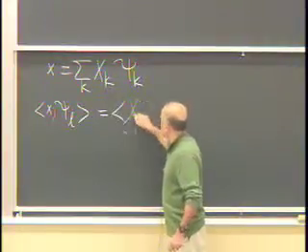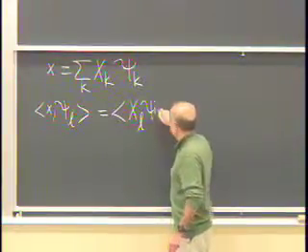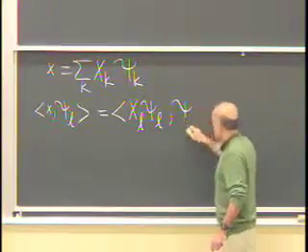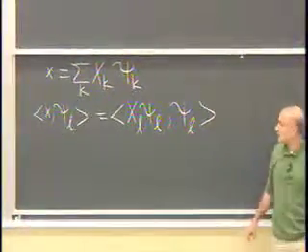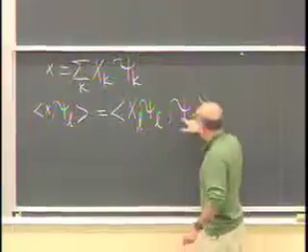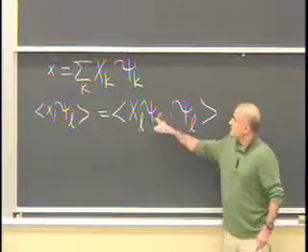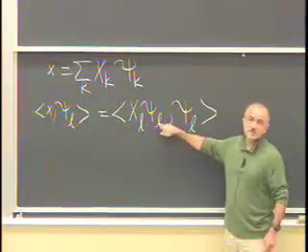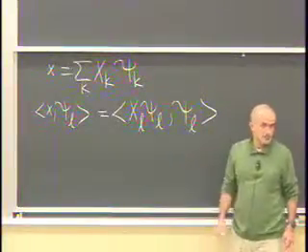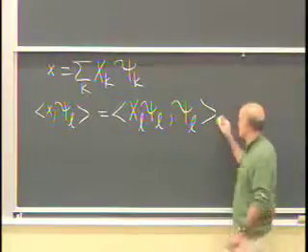So on the right-hand side, you'll have X_L psi_L, psi_L. Because these happen to be orthogonal for other indices, all the other terms go away. The only one that's non-zero is this one.